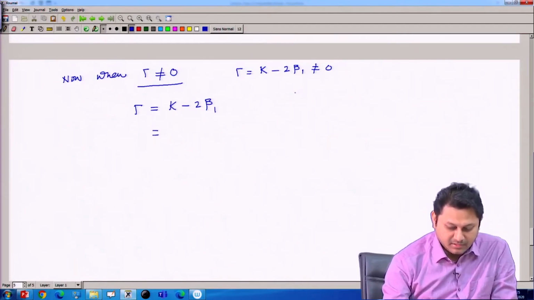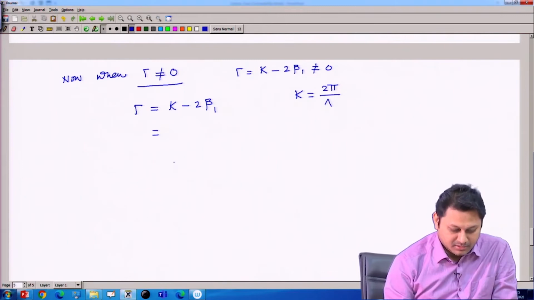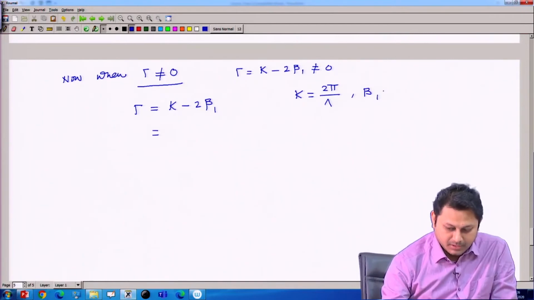Big K is 2 pi divided by the grating period, and beta 1 is K 0 n effective.